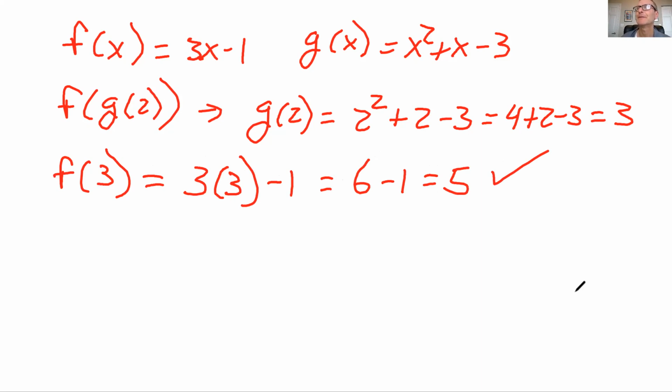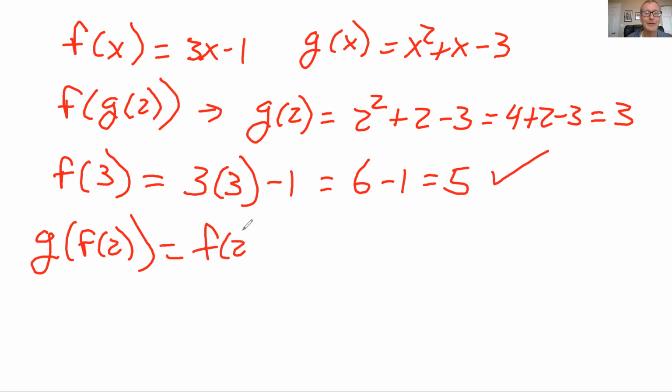Hopefully not too bad. It's interesting, though, that say you did it the other way, so we put the g and then f of 2. Well, you do the same thing, but the first thing you do now is put 2 in for f, and you would get, whoops, I screwed up here. 3 times 3 is not 6, it's 9.